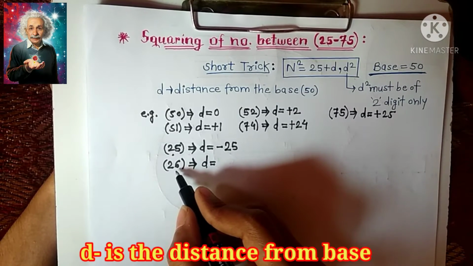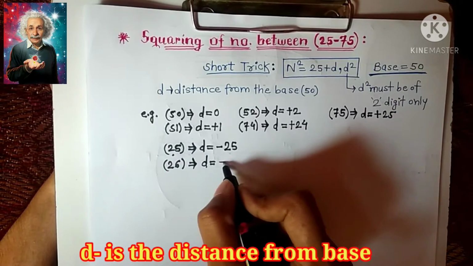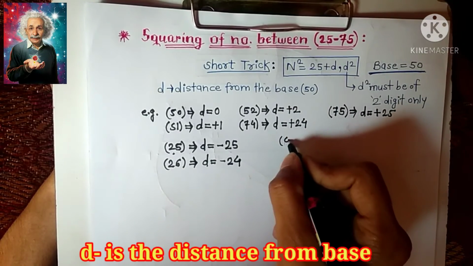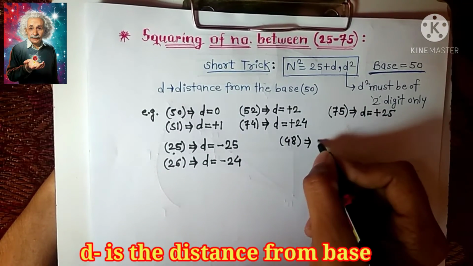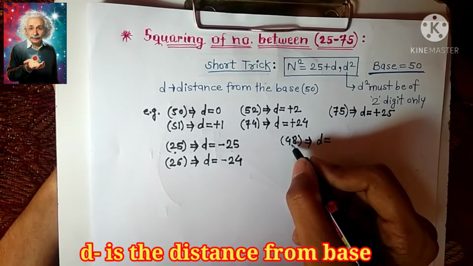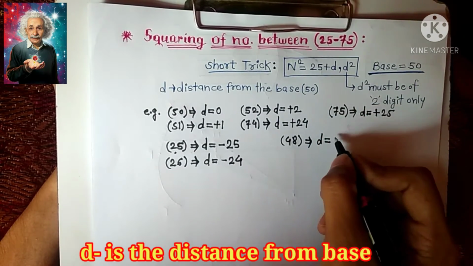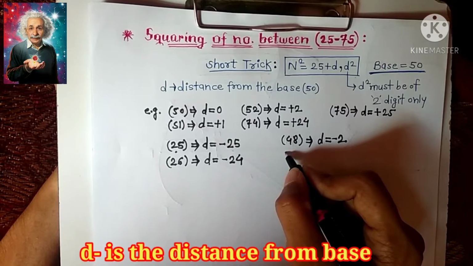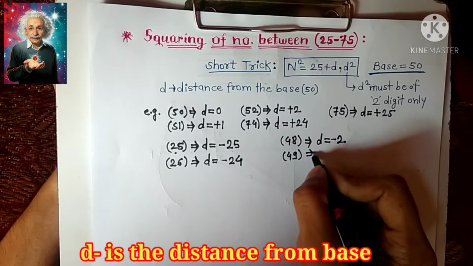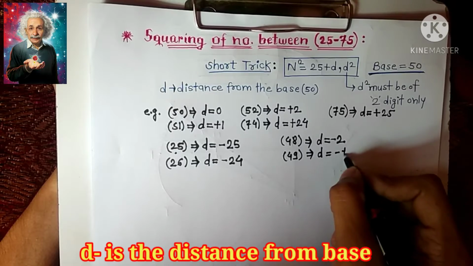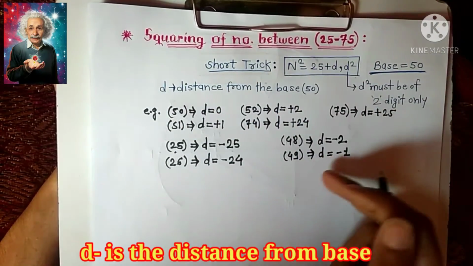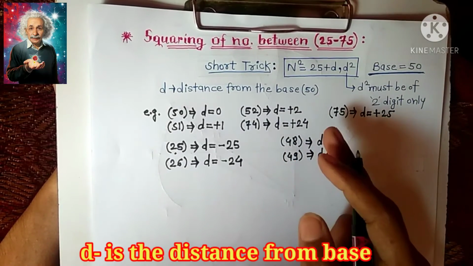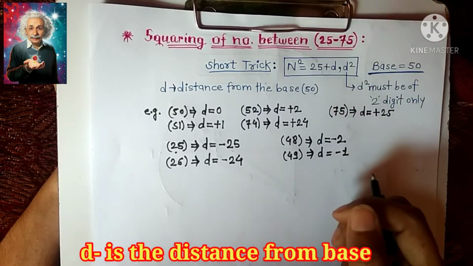So the distance of 26 from base 50 is minus 24. Similarly, for 48, what is the value of d? 48 is obtained from 50 by subtracting 2. So the value of d is minus 2. For 49, the value of d is minus 1. So, remember this, how to take the value of d for the range 25 to 75.